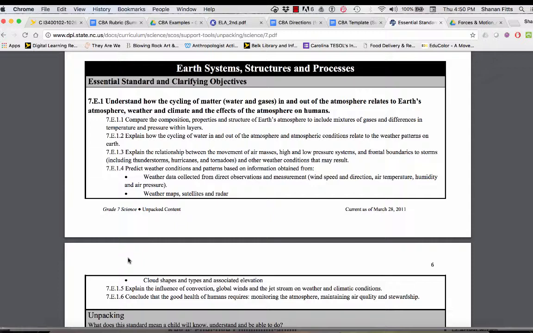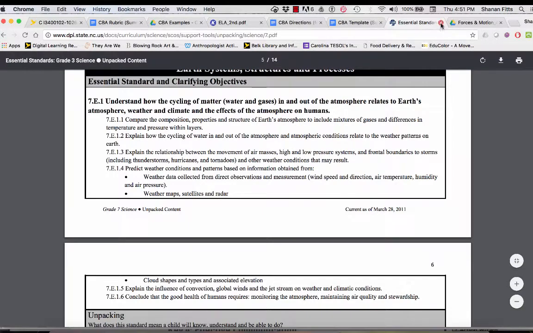If you have a standard like this that has 6 different clarifying objectives, if I were to create a summative assessment on all of those, my students' heads would probably explode, and it wouldn't be a great assessment experience for anyone. So in that case, you can feel comfortable selecting fewer clarifying objectives to focus on.